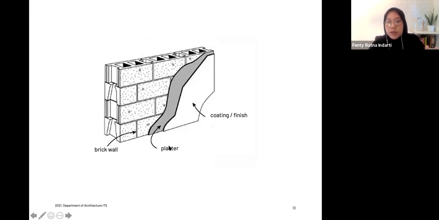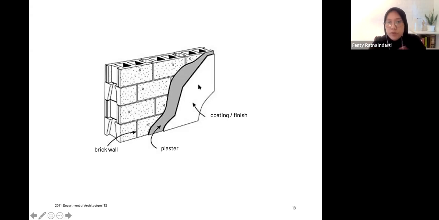It will be covered by plaster as a finishing, so that it has a flat surface, so that you can add paintings or maybe another type of material that you want to use, like ceramic tile. You can use any type of expression towards the wall.